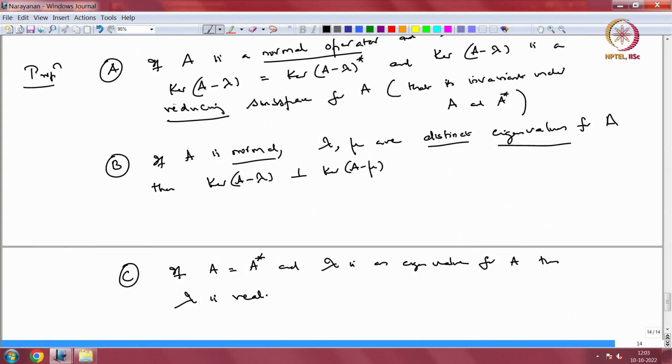That is the eigenspace. If A acts like lambda somewhere, A star has to act like lambda bar. If A is normal, then the eigenspaces corresponding to distinct eigenvalues are orthogonal to each other, and if A is self adjoint, any eigenvalue is going to be real.